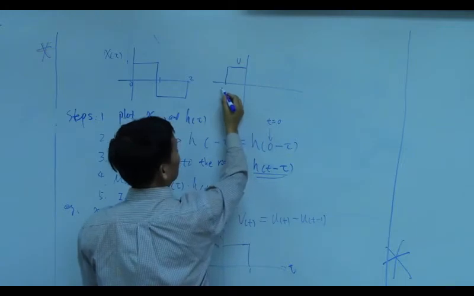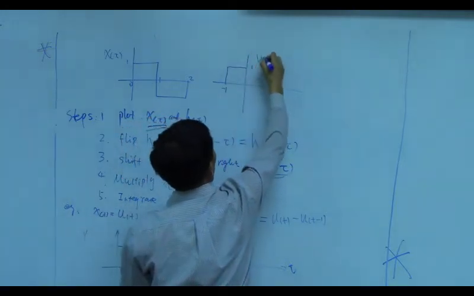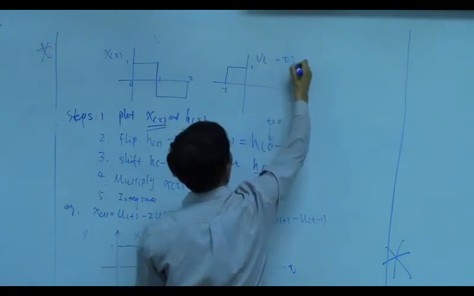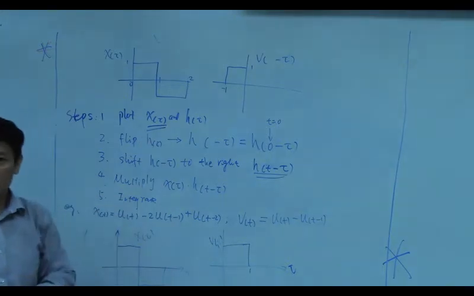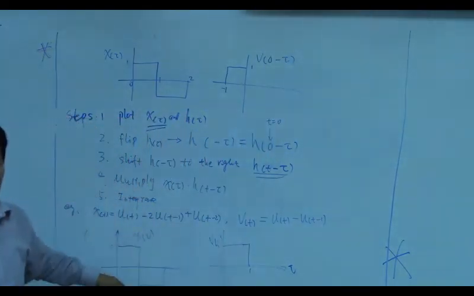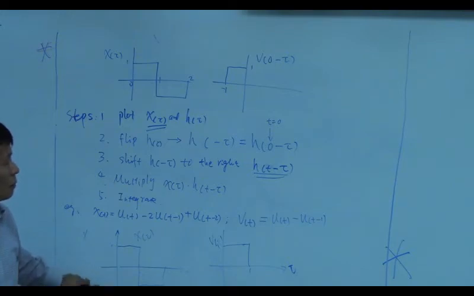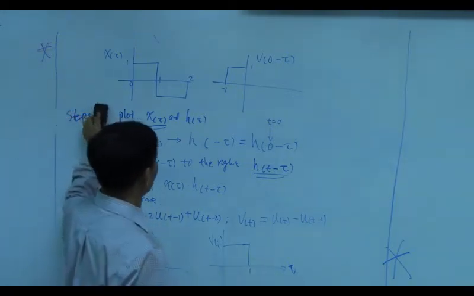What's this number here? -1, this is 1. So this is v(negative tau). From here to get this. Yes? But that means this one is 0, right? So I can put a 0 here. Right? So I get this 2. I don't have space, so I will.